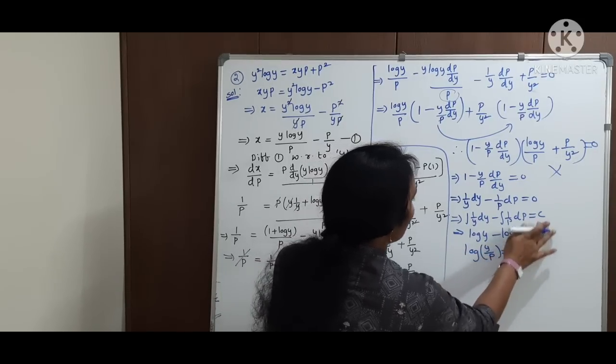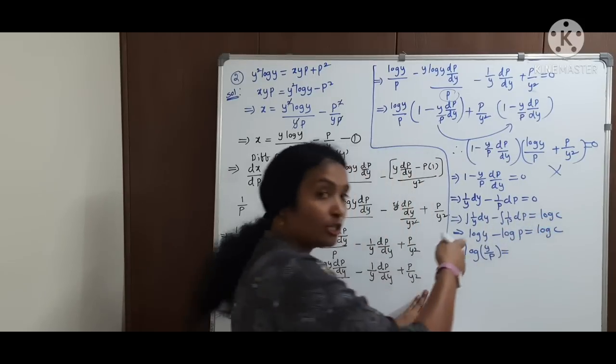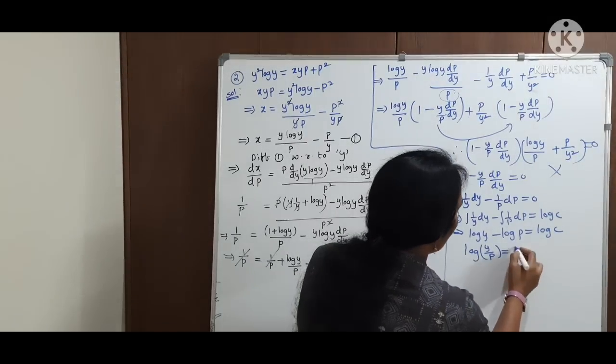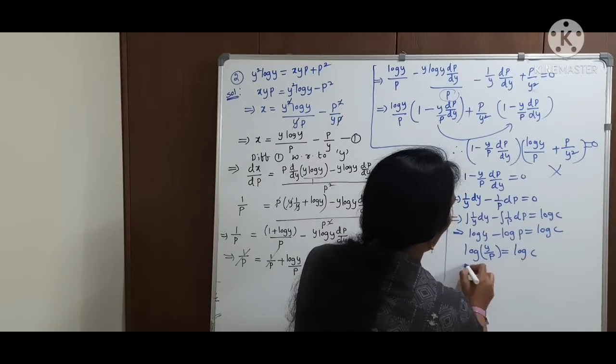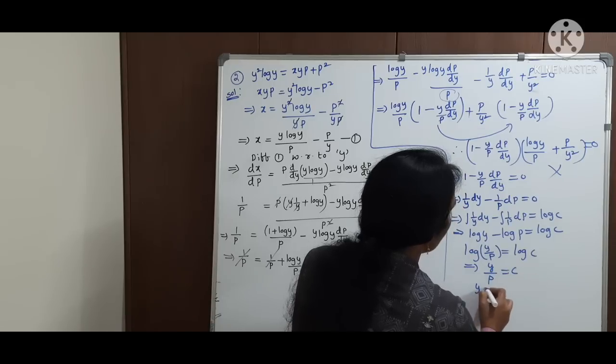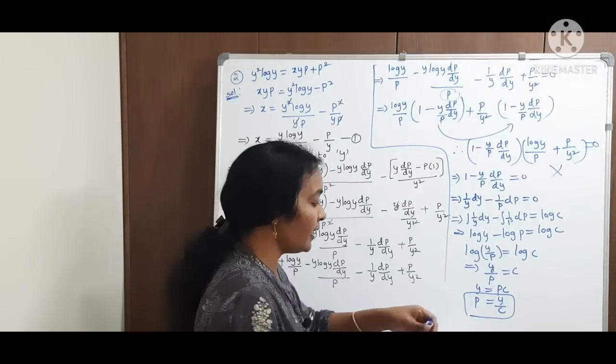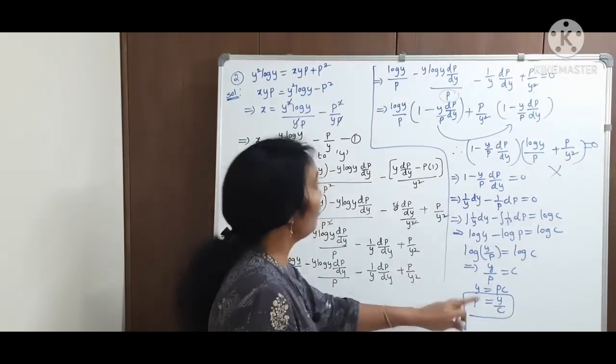If both are log terms, then the arbitrary constant is also taken in logarithmic form. This is log c. Then log cancels. What is the remaining? y by p equal to c. Then y is equal to pc, or p is equal to what? y by c. Okay, p is equal to y by c.